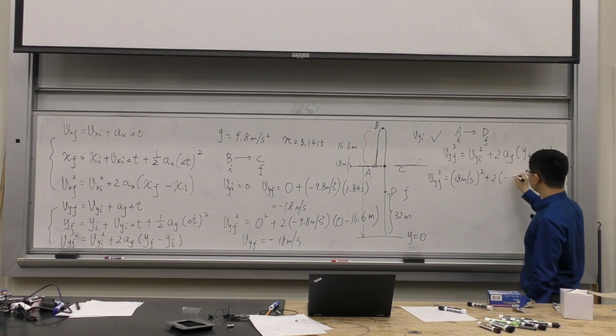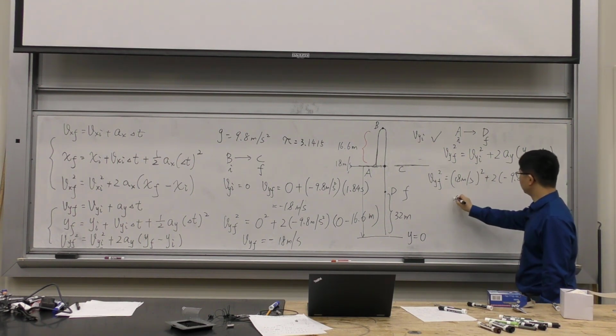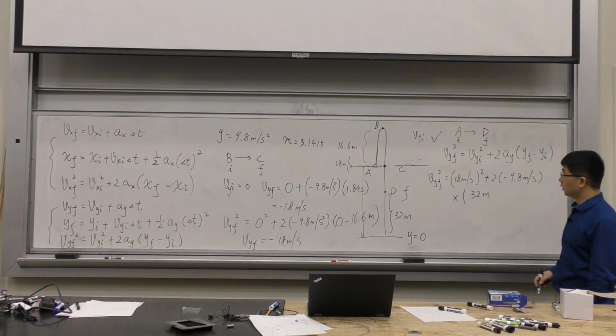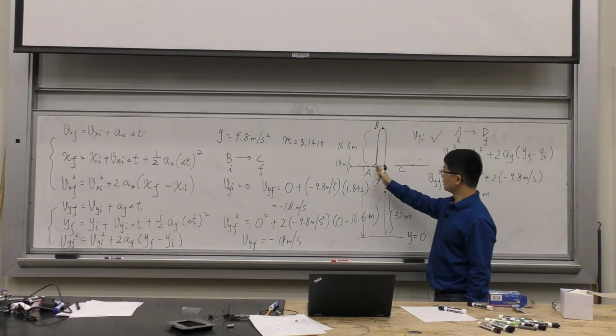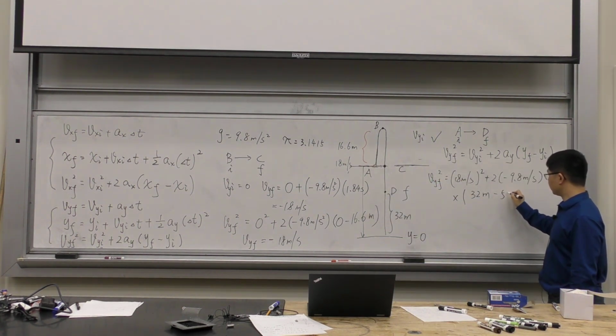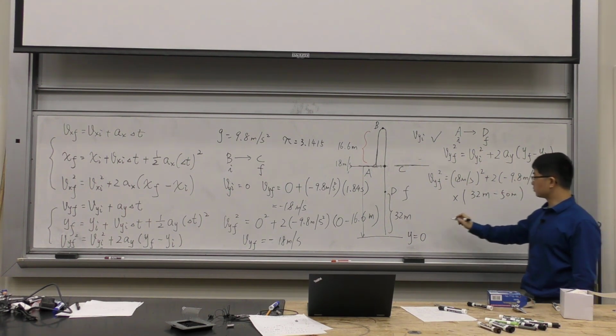Acceleration, negative 9.8 for this whole process. So it doesn't matter, I'm just going to put negative 9.8. Final height, 32 meters, right? Initial height, well, the problem says this has 50 meters from the ground. Now it's going to be 50. You put all the numbers in, you're going to take a square root.